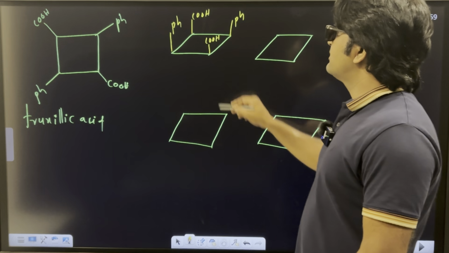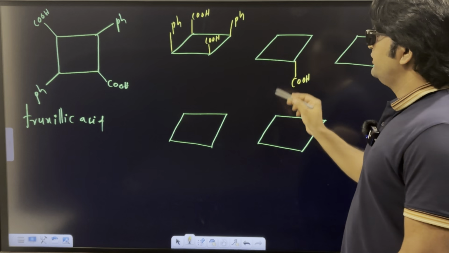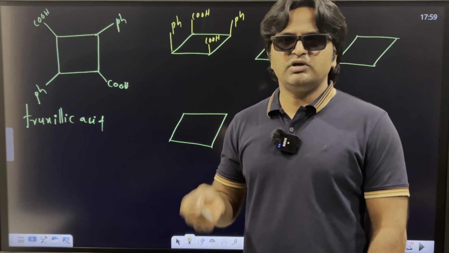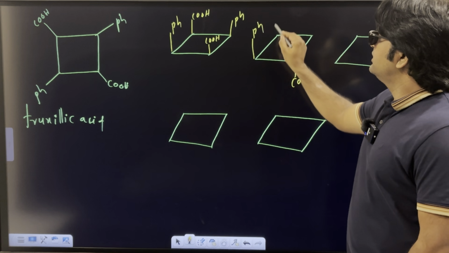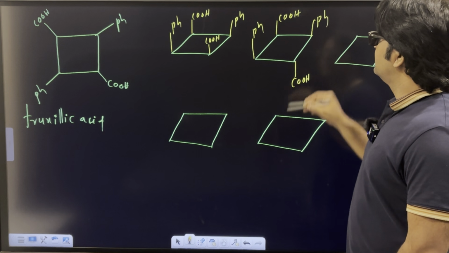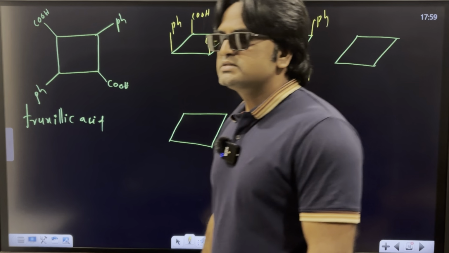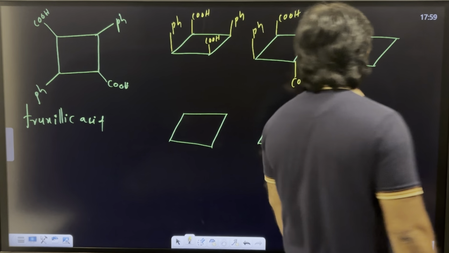Next one, I am taking carboxylic acid down. We have phenyl as well as carboxylic acid. First you try with carboxylic acid, and the remaining phenyl, COOH and phenyl. This is the second possible arrangement. And what is the third possible arrangement?